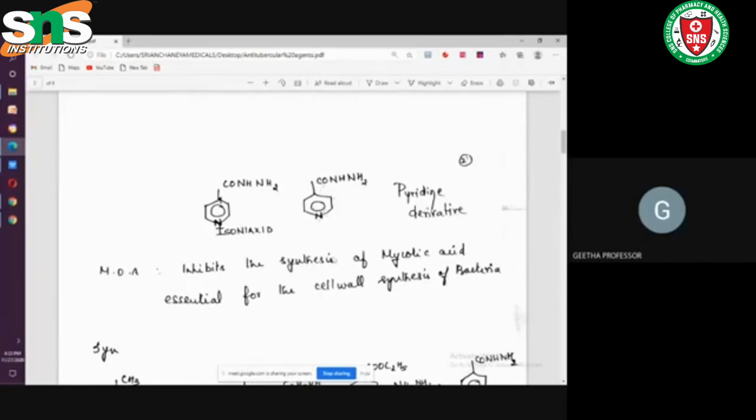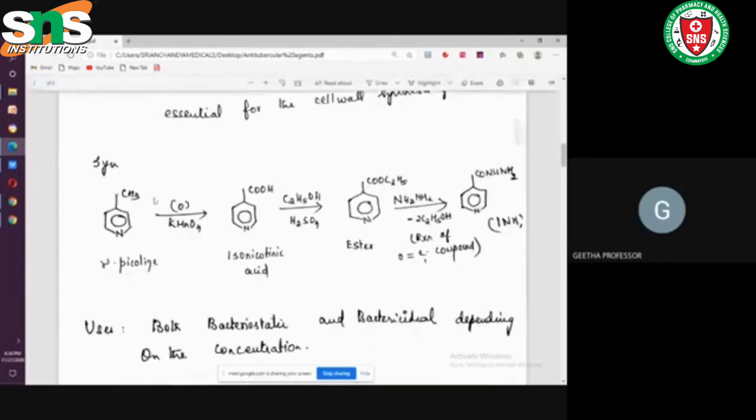Then here you have a ketone, CO. Hydrazine means NH2 NH2, so here we are substituting NH2. There is a carbonyl group connected with NH2.